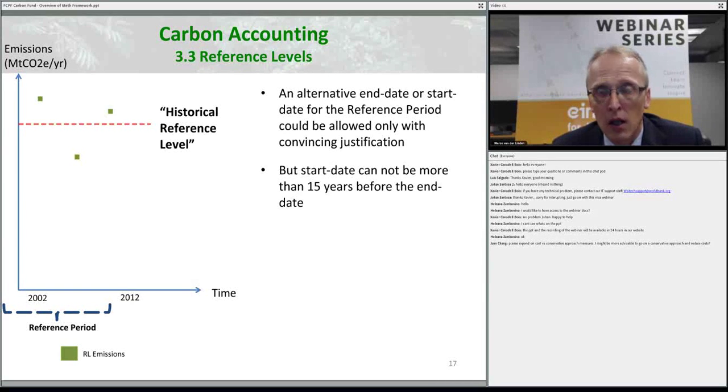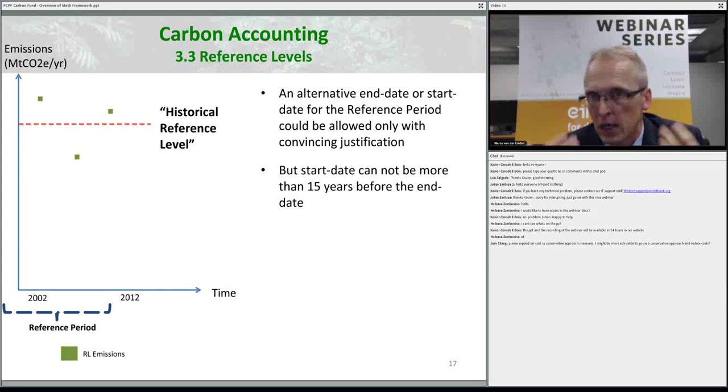One type of justification, for example, could be where you say, okay, we just happen to have had a forest inventory that we completed in 2010, and we would like to use that as the end date. That is possible. In that case, you could have a period running for, instead of 2002 to 2012, 2000 to 2010, or maybe you want to use a slightly earlier starting date because you did an inventory in 1998 or something like that.